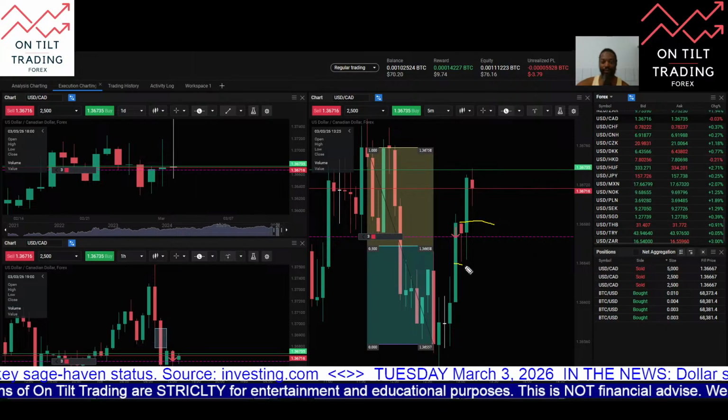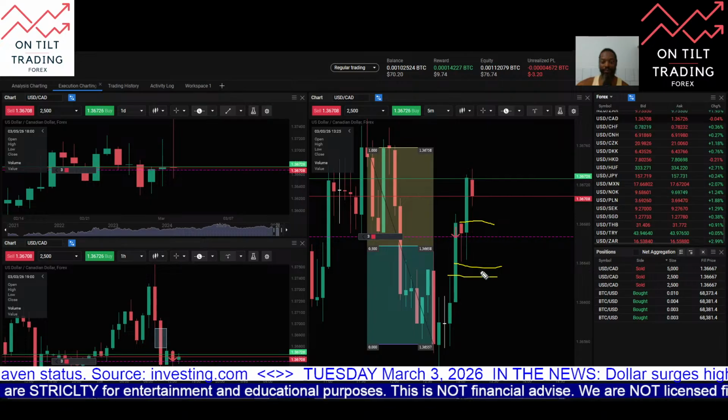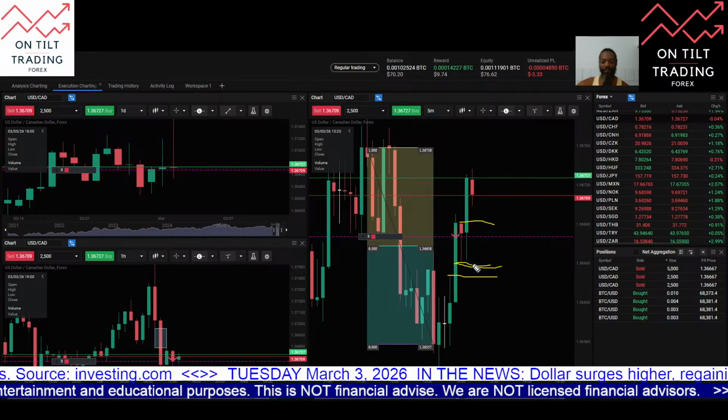There's also still an untested bearish fair value gap right here.